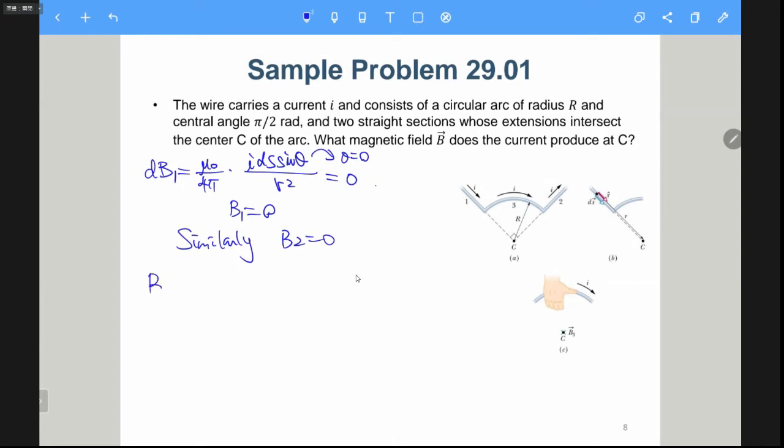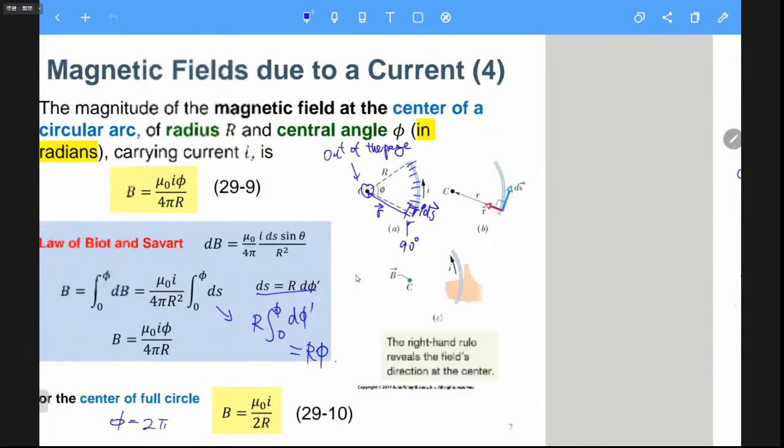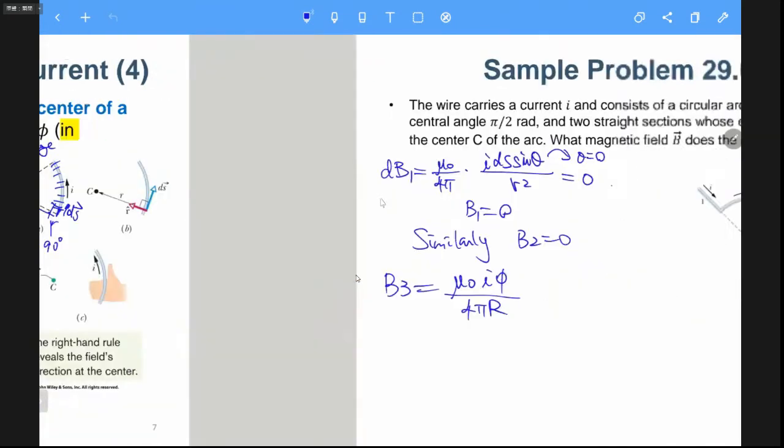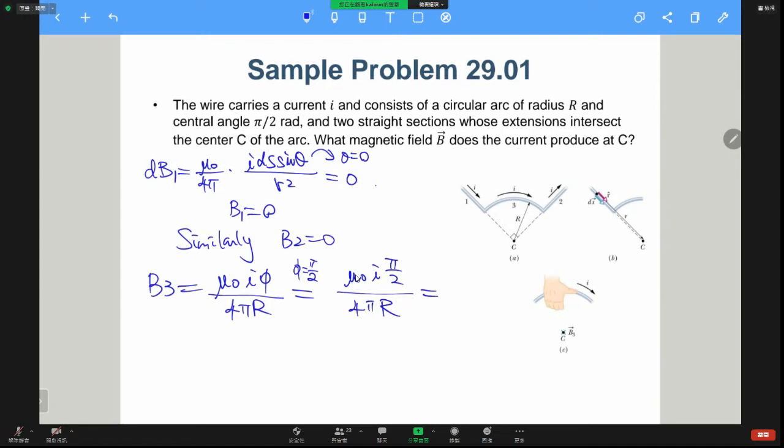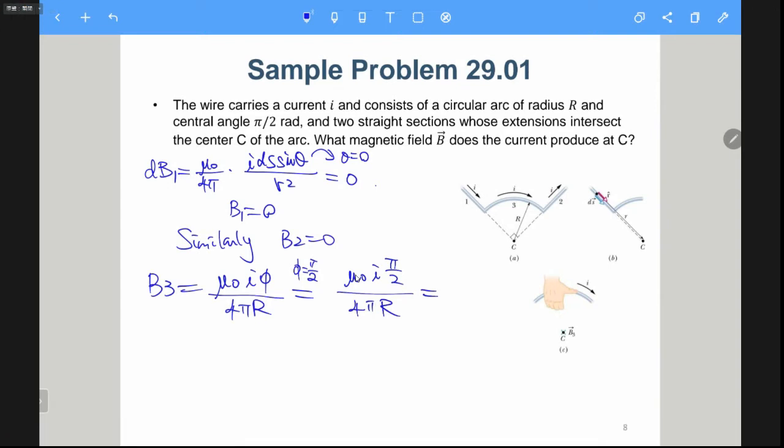And for B3, which is mu 0 I phi over 4 pi r, using equation 29.9. Okay, here we have phi equals pi over 2. So we have mu naught I times pi over 2, over 4 pi r. Okay, so pi and pi can be cancelled. So the result will be mu naught I over 8r.